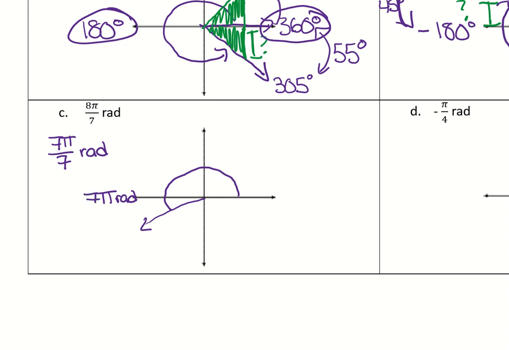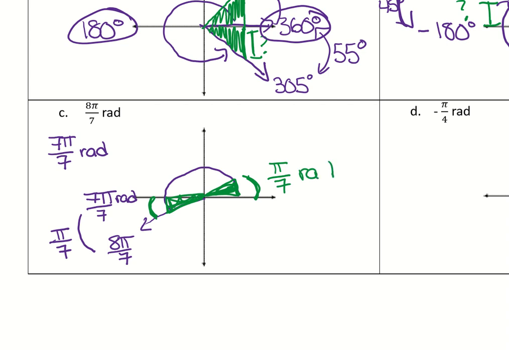So if this is 7 pi over 7 and this is 8 pi over 7, how far away are they from each other? Pi over 7. So if we take this triangle right here and reflect it up into the first quadrant like this, if this distance right here is pi over 7, then so is this distance right here. So your reference angle is going to be pi over 7 radians.